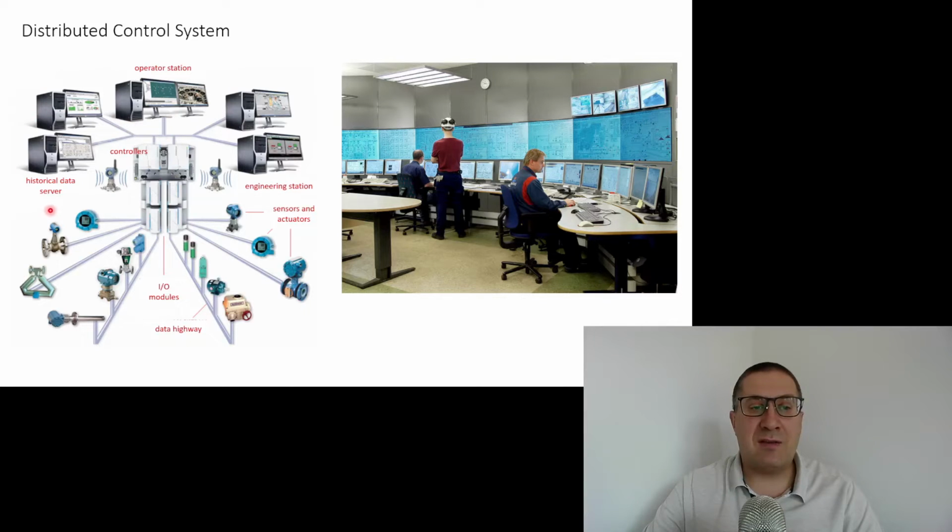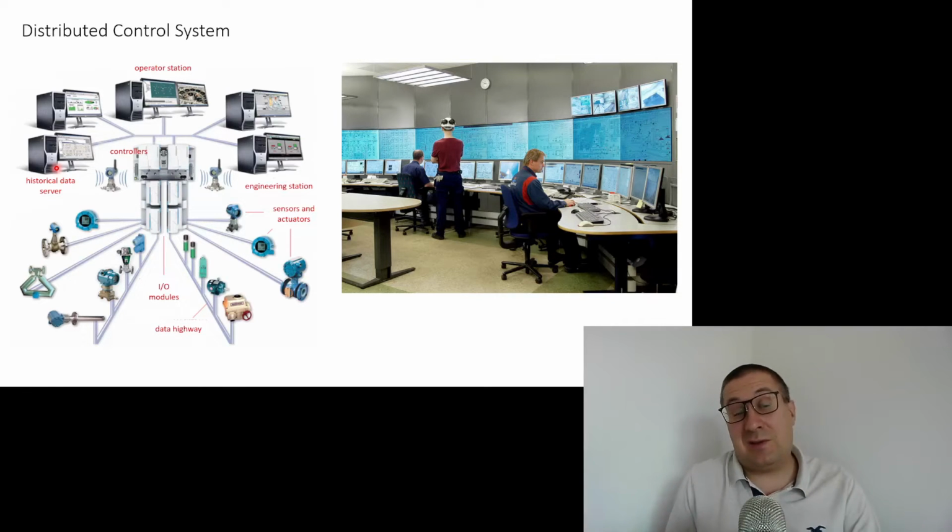We also have a historical data server where the historical values of our sensors are stored. Not only sensors, some artificial variables can also be stored here. Like, for example, the status of the AI algorithm seen from the distributed control system perspective.